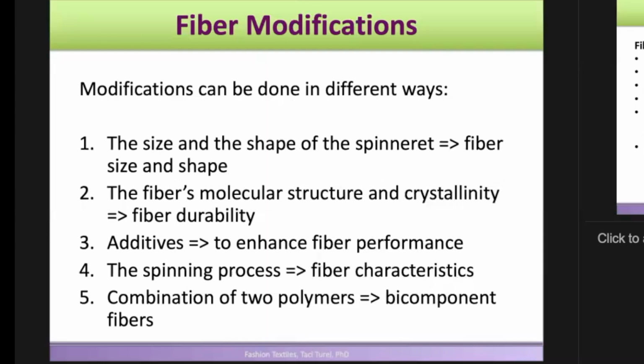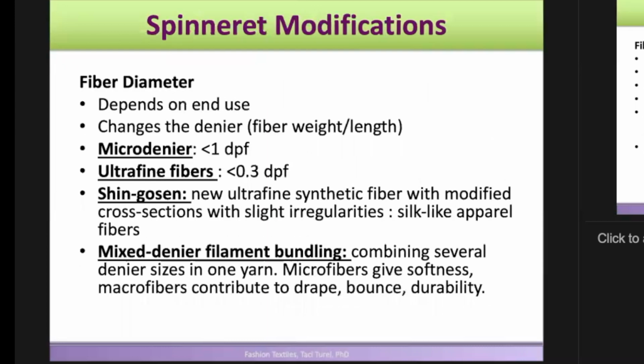You can also combine two polymers and create bicomponent fibers. If you want to have really soft microfibers, obviously you need to have very fine diameters. Shingosen is one type of fiber that is an ultra-fine synthetic fiber that kind of has a silk-like look.